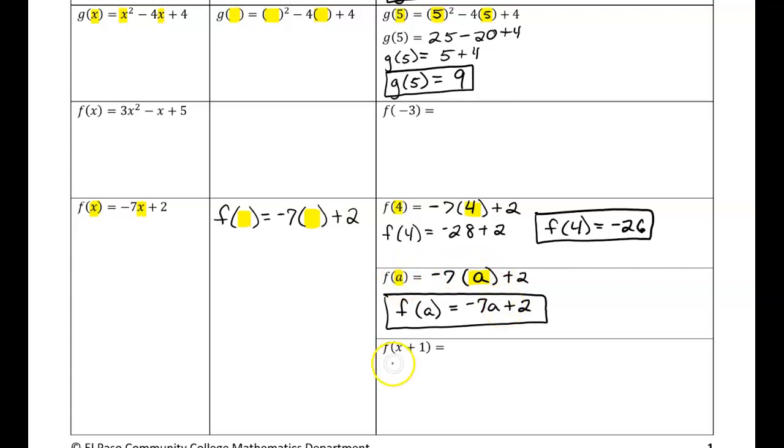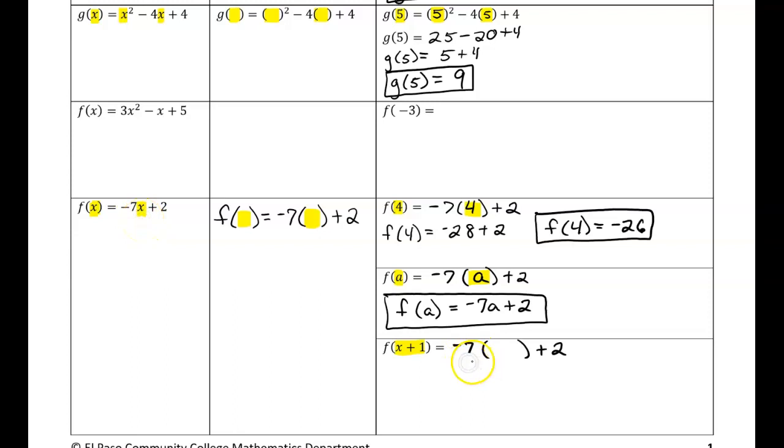The last one here, we have f of x plus 1. All right, we're upping the ante a little bit on this one. But the same setup, the starting point of these evaluations always begins with that skeleton. Just to kind of get us in that habit of we're going to plug something in to this spot here, wherever the original variable was.